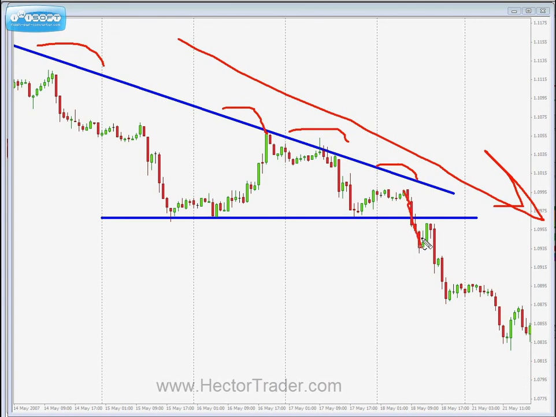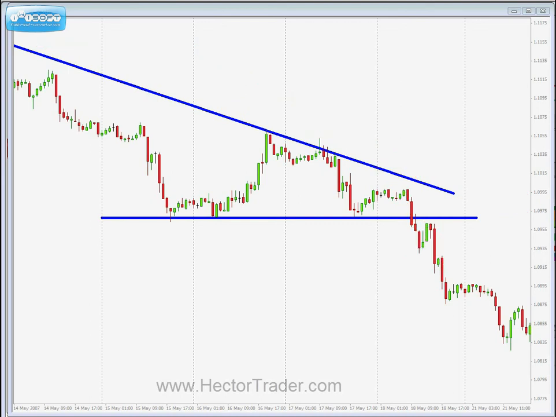Then we see a couple of bars of pullback, and then bang, another long red bar. Once we take out the breakout thrust, meaning this low, a couple of pips below, right there, it's our signal to enter short. And as you can see, it was a profitable trade.